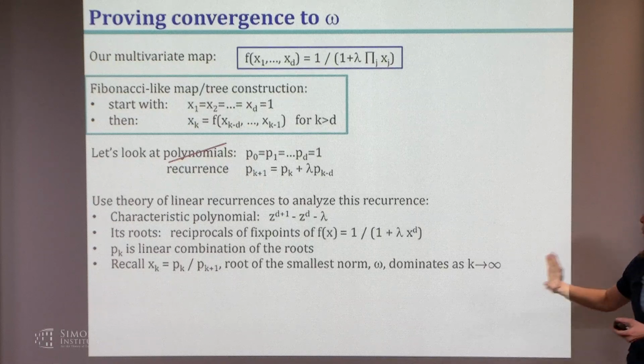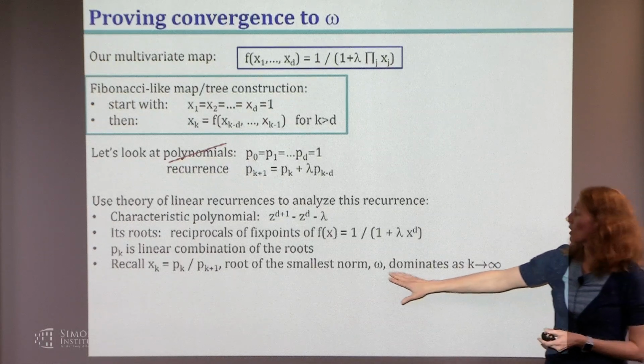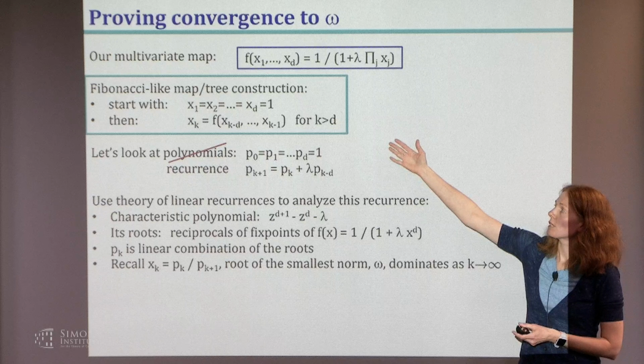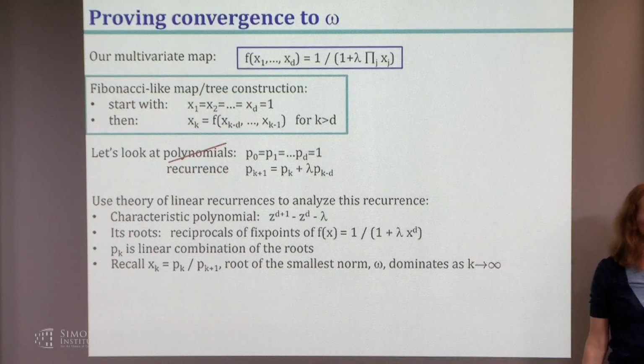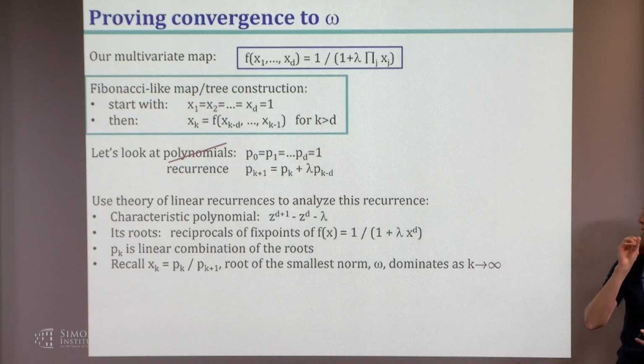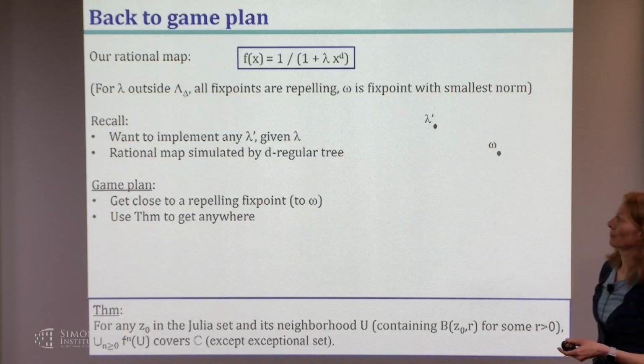Okay? So the bottom line is we are actually converging with our Fibonacci-like construction to the repelling fixed point, because we have only repelling fixed points, of the smallest norm. Okay? So that was magic number 1.